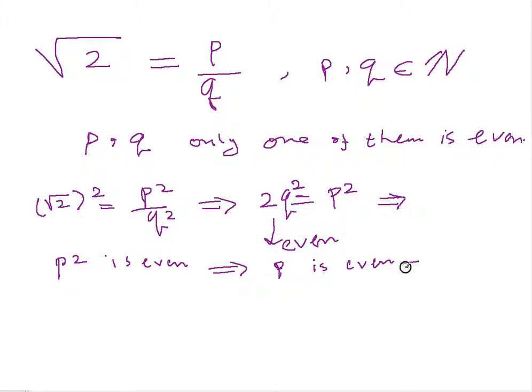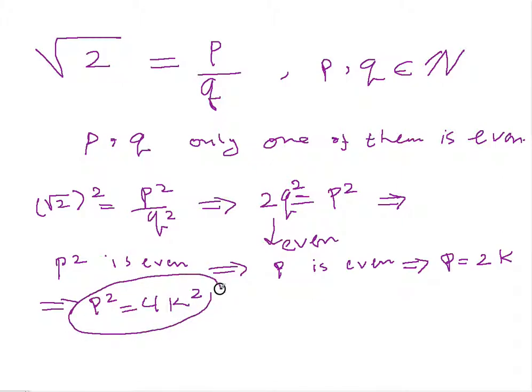Okay, so from this I conclude p is equal to 2k for some other natural number, right? p equal to 2k. So what is p² then? p² is equal to 4k², right? Just raising both sides to the power of 2 again. Okay, now let's replace this equation here.